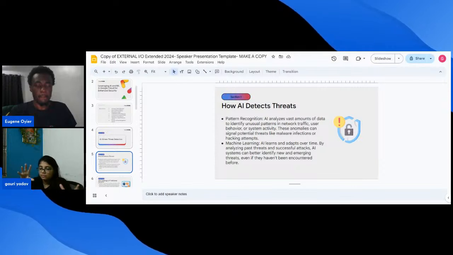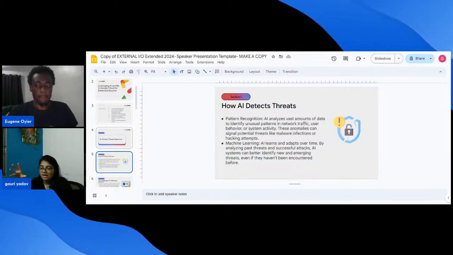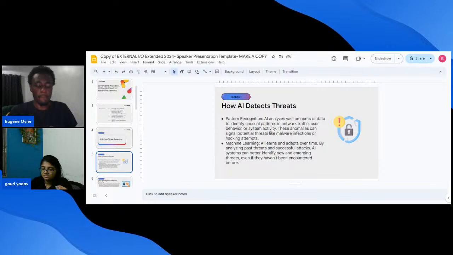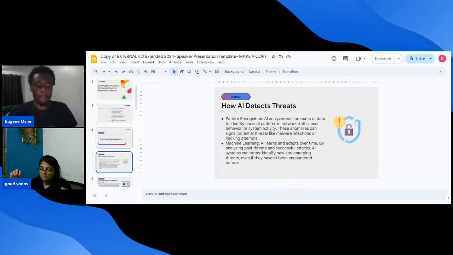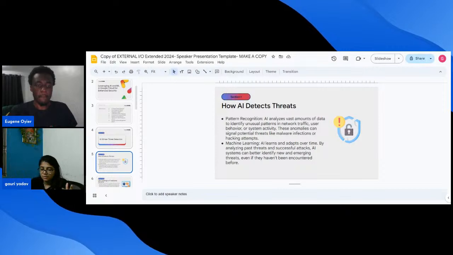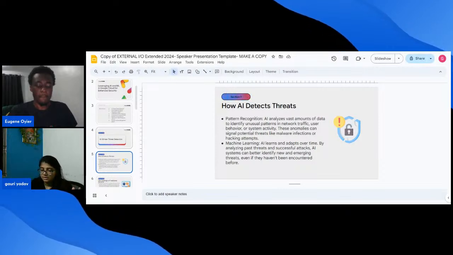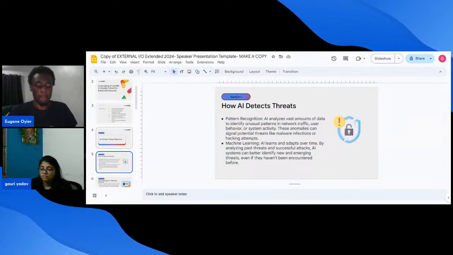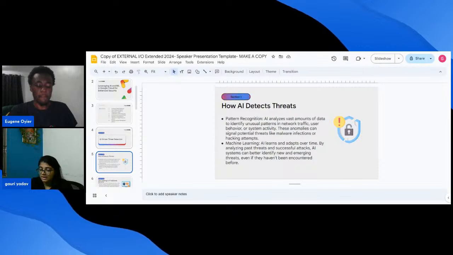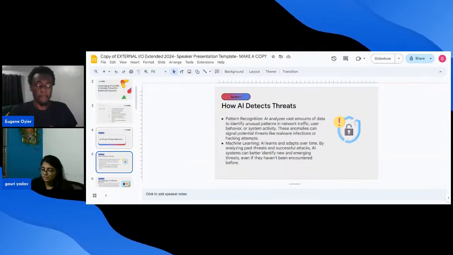Imagine a network monitoring system that uses AI to scan millions of network packets, right? So how do you even work with that? How difficult is it to segregate this much amount of data? So here comes AI detection. It has inbuilt algorithms that can help you.